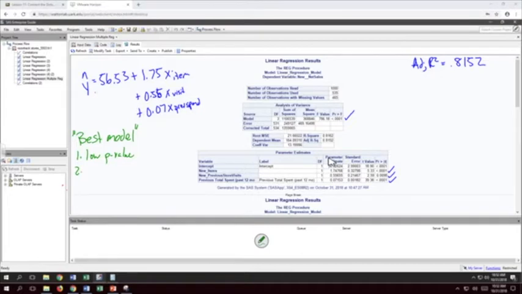What's something else that we look at? High R squared. High R squared. Just in case you take me literally, I adjusted R squared.